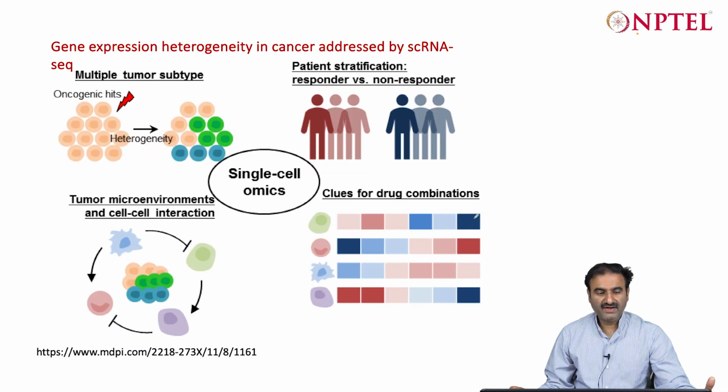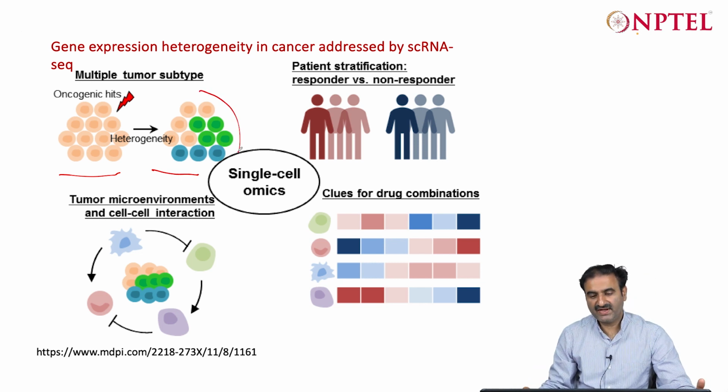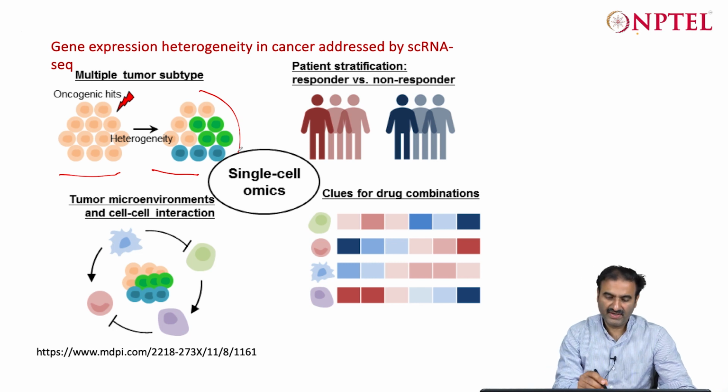Single cell gene expression heterogeneity in cancer can also be addressed by single cell RNA sequencing. In this case this is a normal tissue, whereas cancer tissue may be very, very heterogeneous. So we can understand the heterogeneity better if we profile their gene expression patterns and the other information, which we can only do by single cell omics.